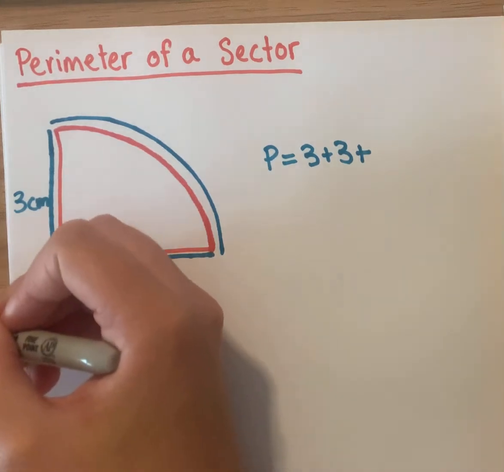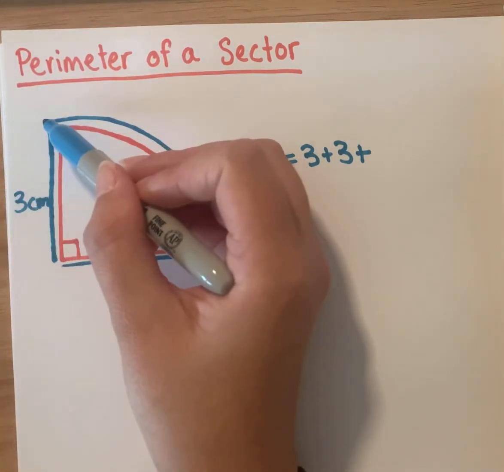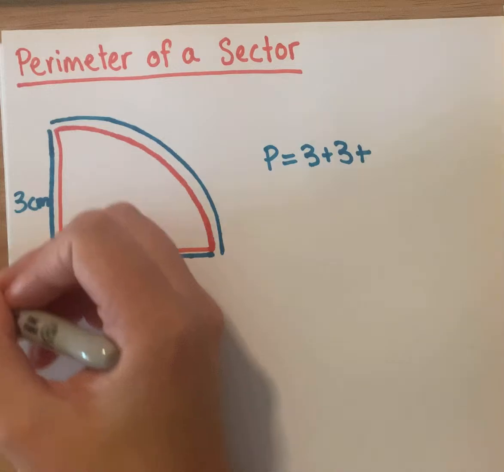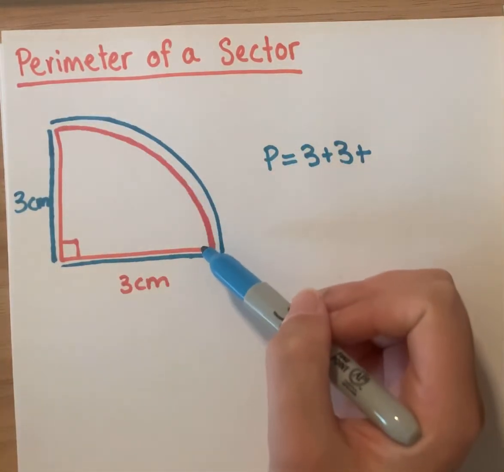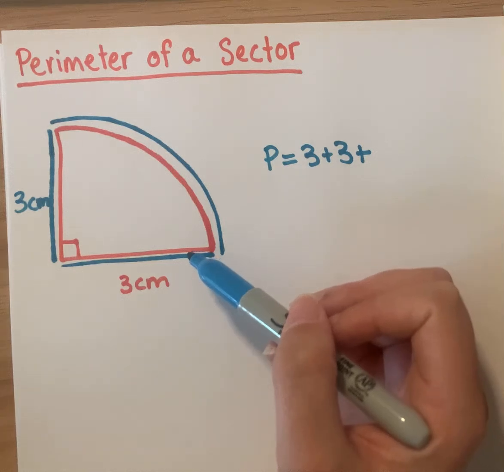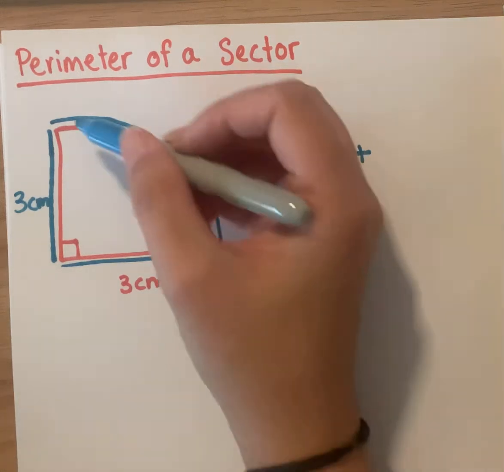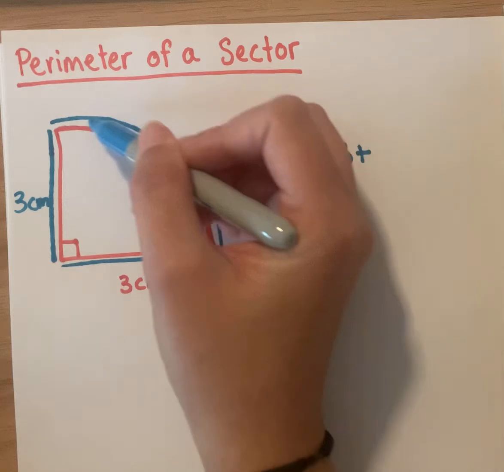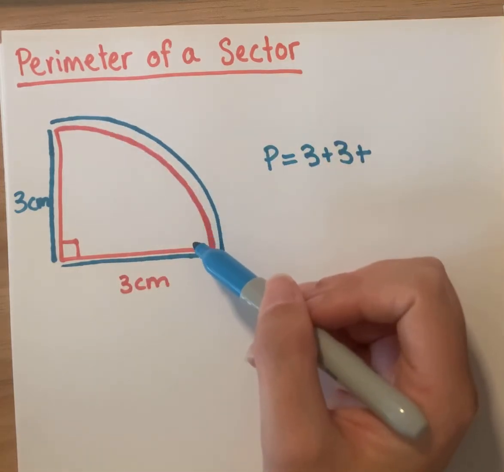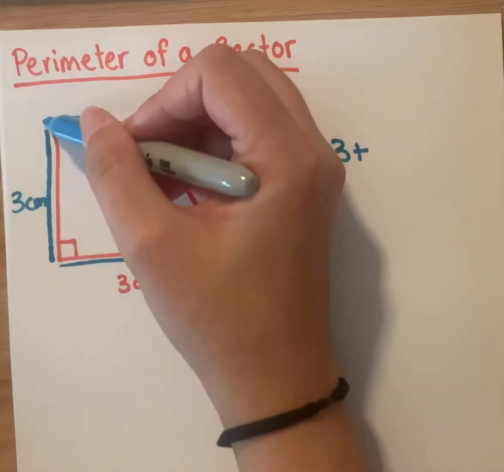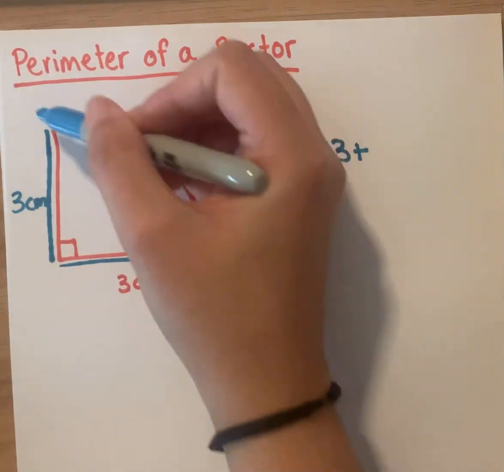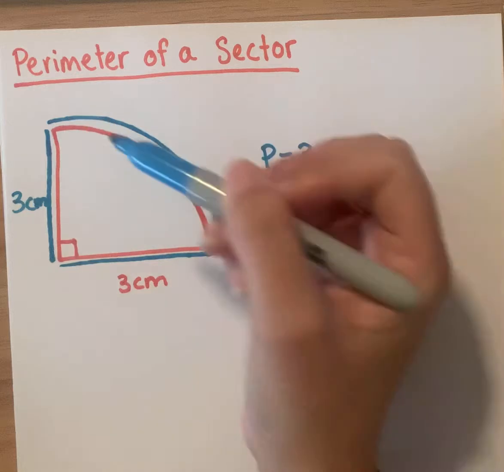So if it kept going around until we came back to the start here and we had a whole circle, we know how to find that. We know how to find the curved side length for a whole circle. So really, this arc length here, we can think about as a fraction of the circumference. It's a fraction of a circle that we've got. So the arc length is just going to be a fraction of that whole circumference.